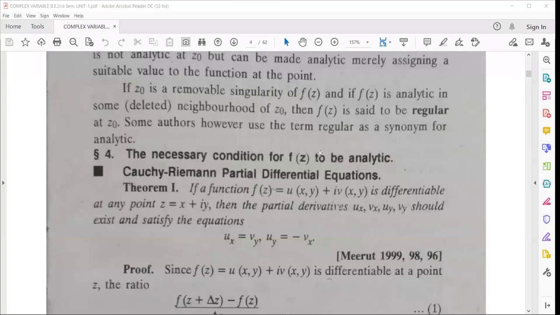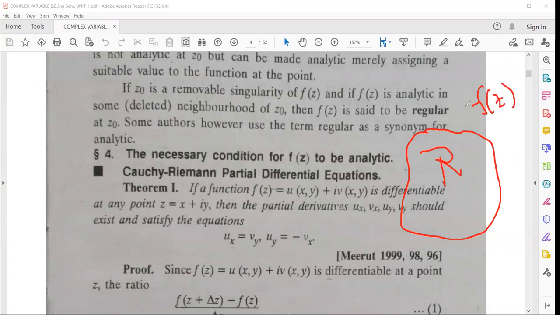Now see why it is required. If I am taking some region R here, I need to check whether this f(z) is analytic in this region R or not. Does this region R have a fixed number of values, or does it have an infinite number of values?